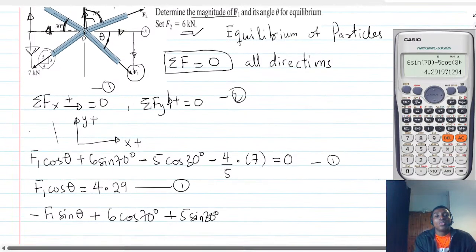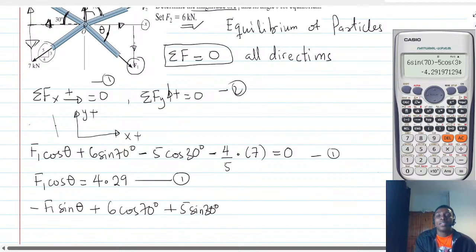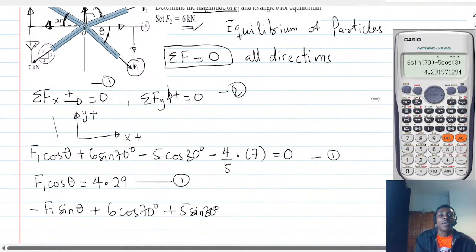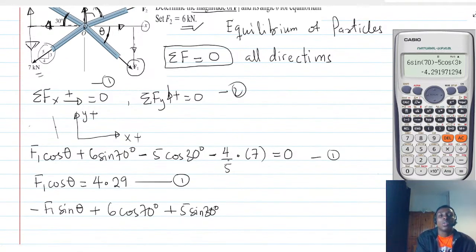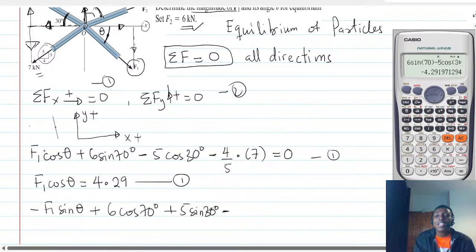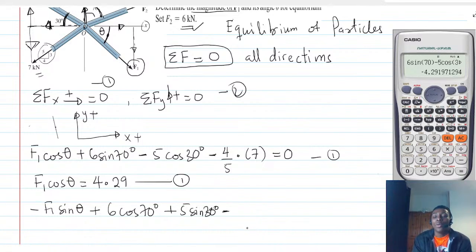Then the last one to look at is the 7 kilonewton force. So minus what? This time around, if you want the vertical side, using this triangle, sometimes in mechanics questions, instead of giving the angle, you see the triangle. So if you have the triangle, that is how we solve it.